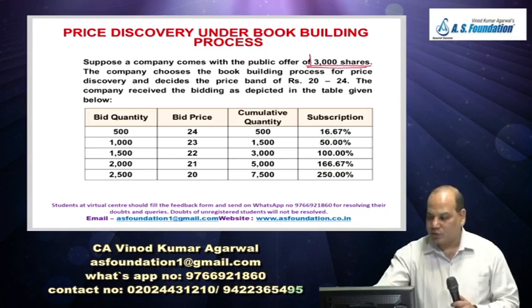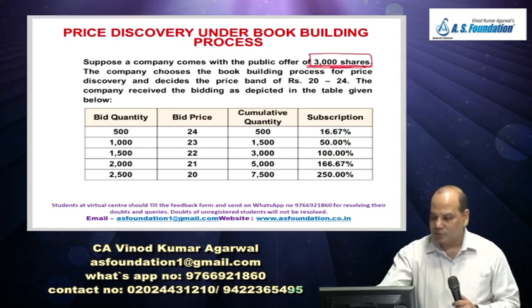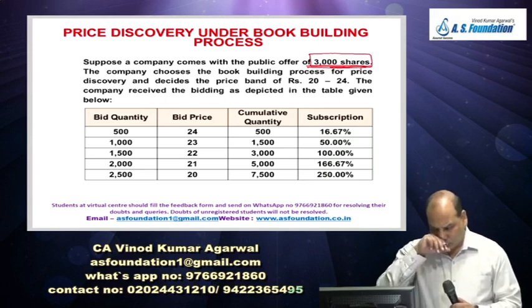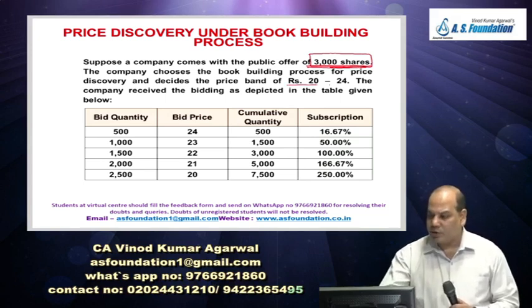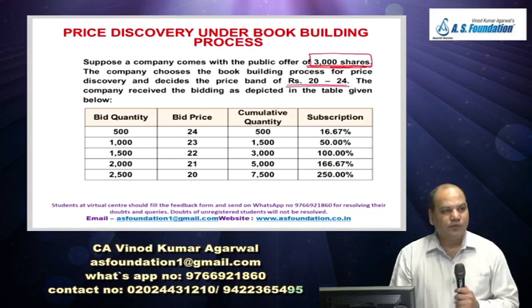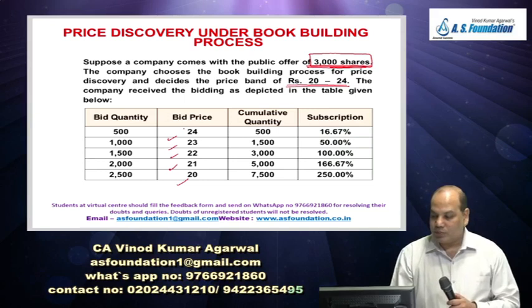So in this case, the number is known. The company chooses the book building process for price discovery and decides the price band of rupees 20 to 24. So then the bidders will bid at 20, 21, 22, 23, 24. The company received the bidding as depicted in the table given below.